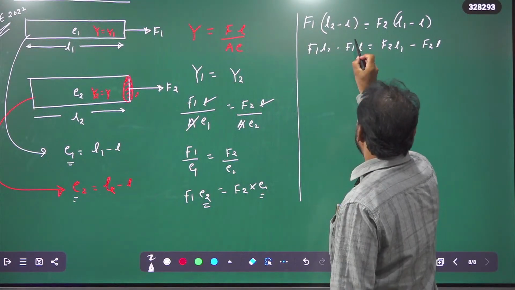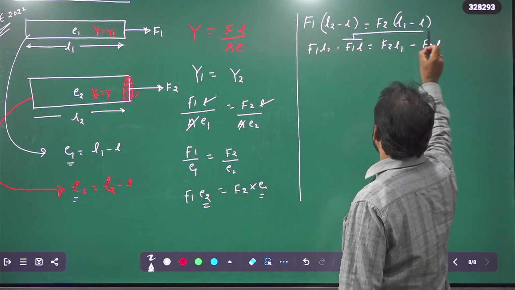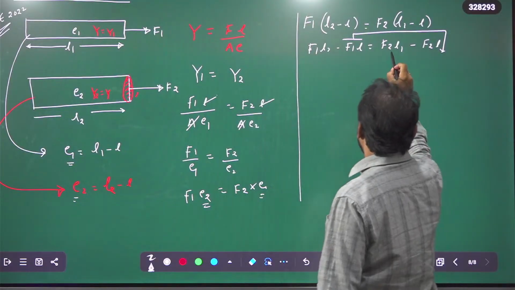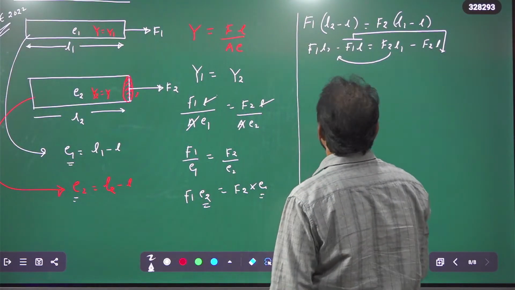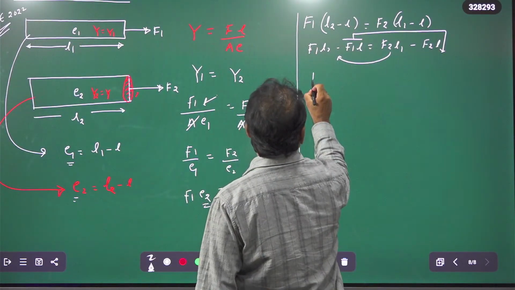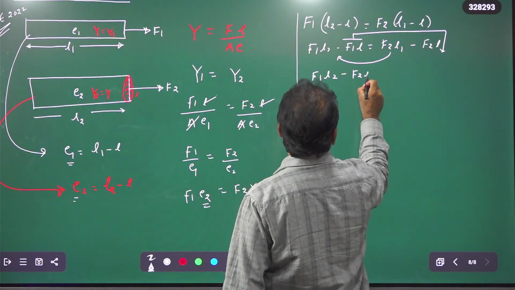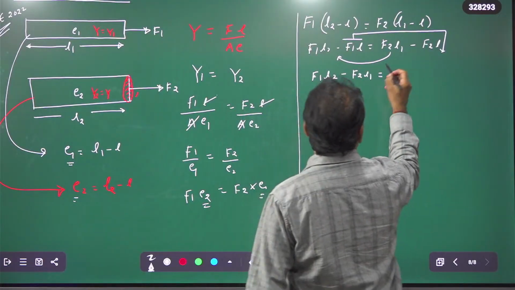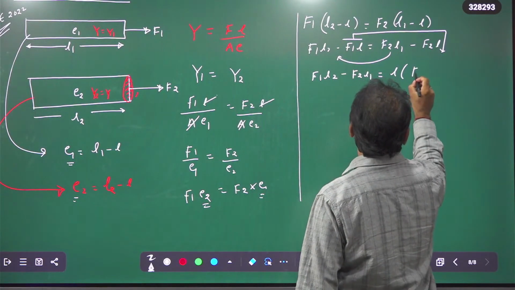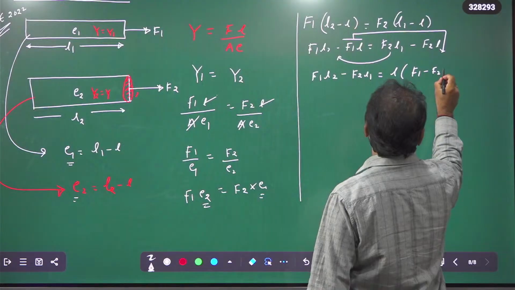So I take this term to this side and this term to the other side. Then we get F1 L2 minus F2 L1 is equal to L times F1 minus F2, taking L common.